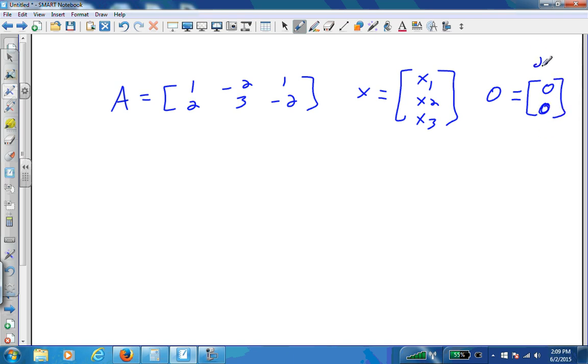That's a 2 by 1. So when we refer to a 0 vector, you have to know what its dimensions are, or even a 0 matrix. But a 0 matrix or vector is one in which all components are 0.